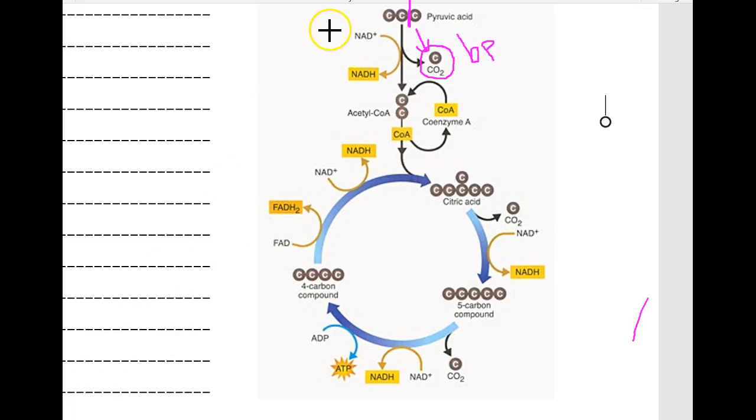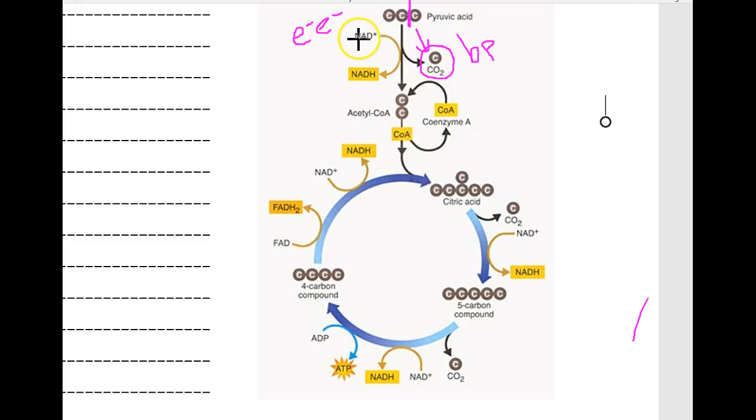As we saw in glycolysis, whenever there's a breakdown, there's going to be release of hydrogen ions and electrons, which we're just going to represent by electrons. So when this carbon dioxide molecule breaks away, it's going to release 2 electrons along with hydrogens, which we're not picturing there.